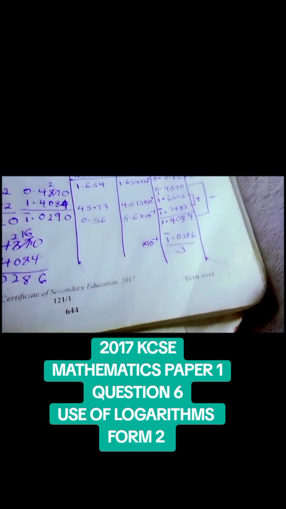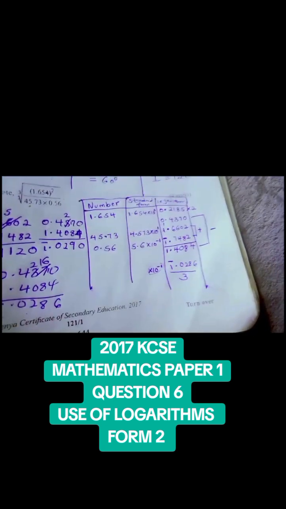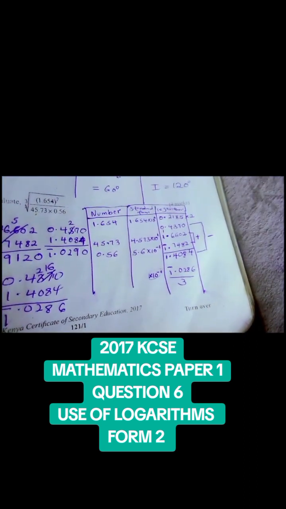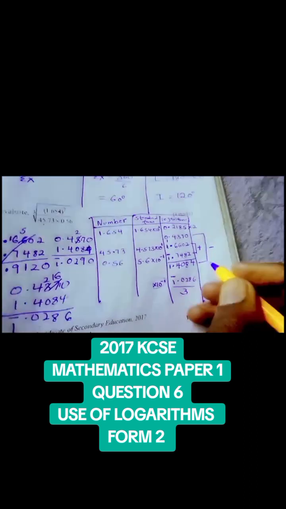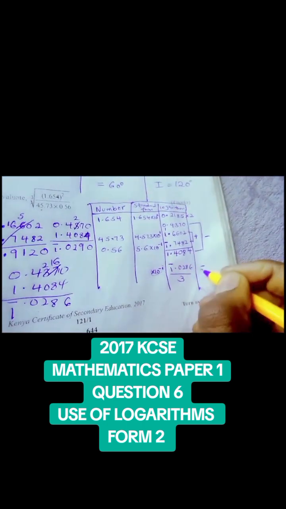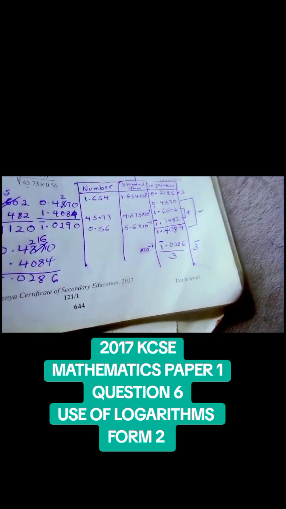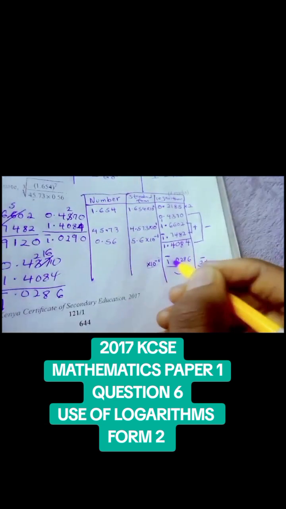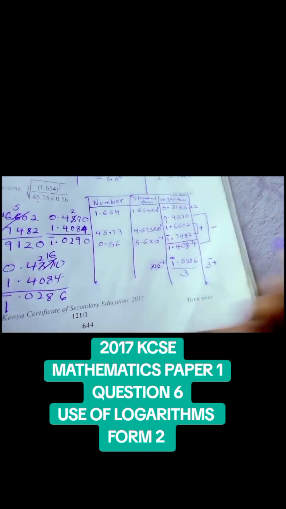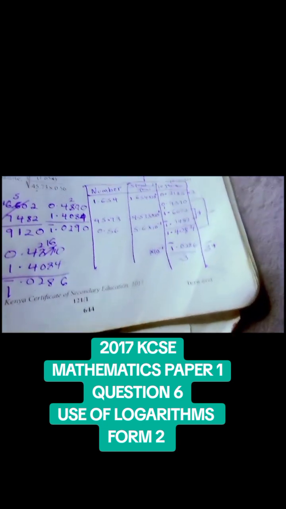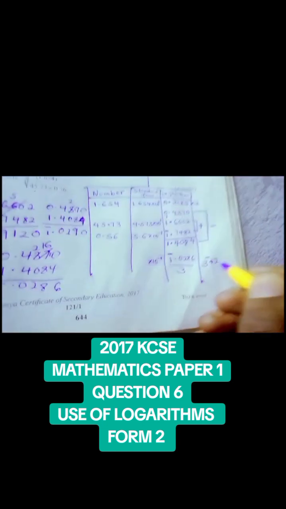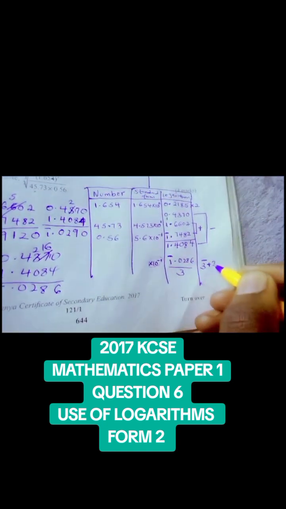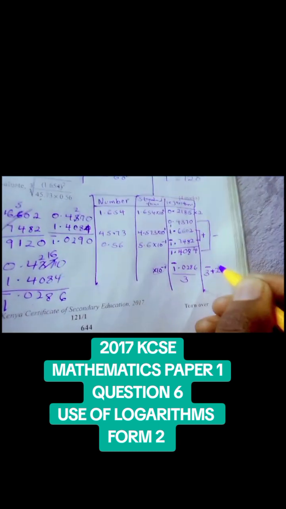It is 3. So if I write bar 3 just here, which number will I add to bar 3 to get negative 1? The number is 2. So if I have bar 3 plus 2, it is negative 1. So I can use this equation here to replace negative 1.